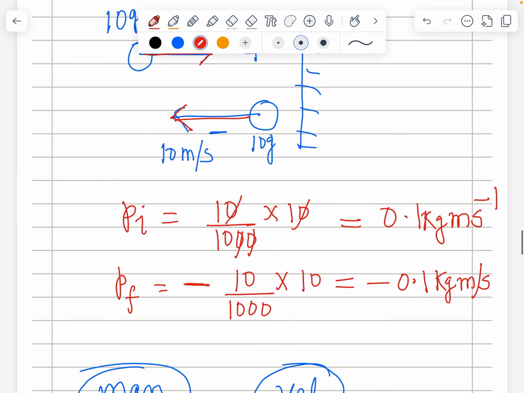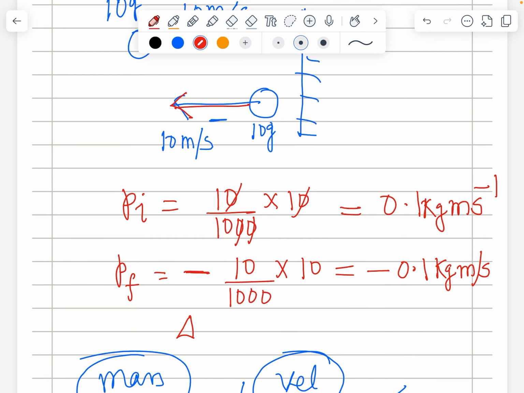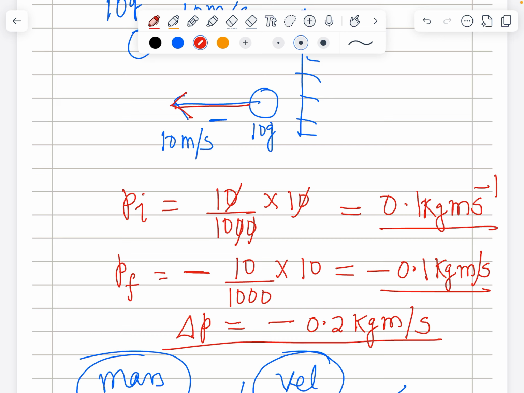So what will be the change in momentum? Change in momentum equals final minus initial, means this minus this. So it will be minus 0.2 kg meter per second. Means what will you say? What is the change in momentum of this wall? It is equal to this much. In what direction? Away from the wall. It is clear.